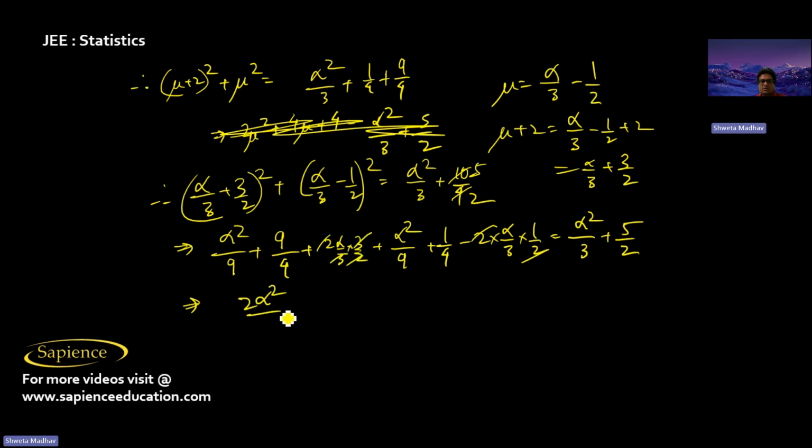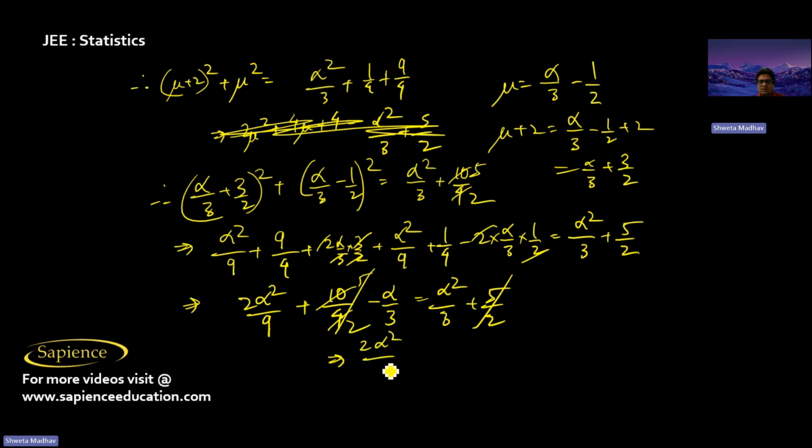So 2 alpha square by 9 plus 10 by 4 minus alpha by 3 is equal to alpha square by 3 plus 5 by 2. Since 10 by 4 is 5 by 2, that will cancel out.